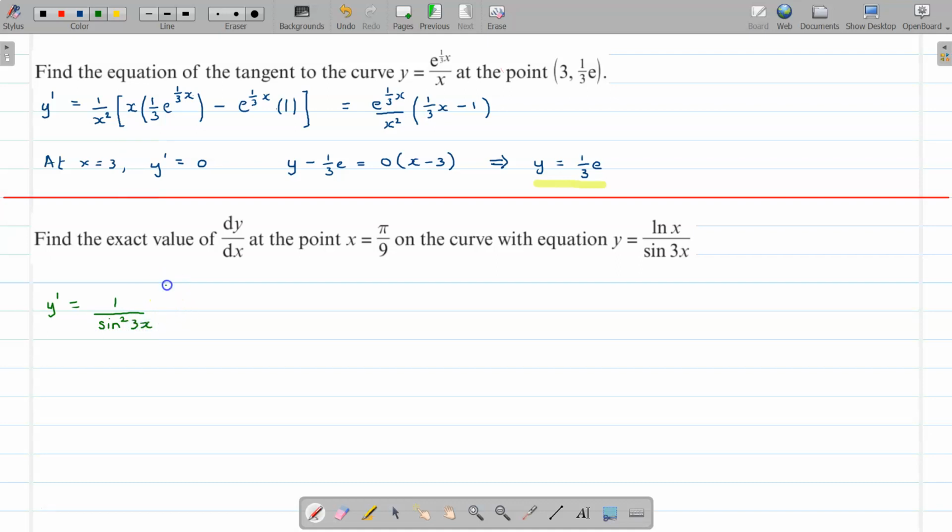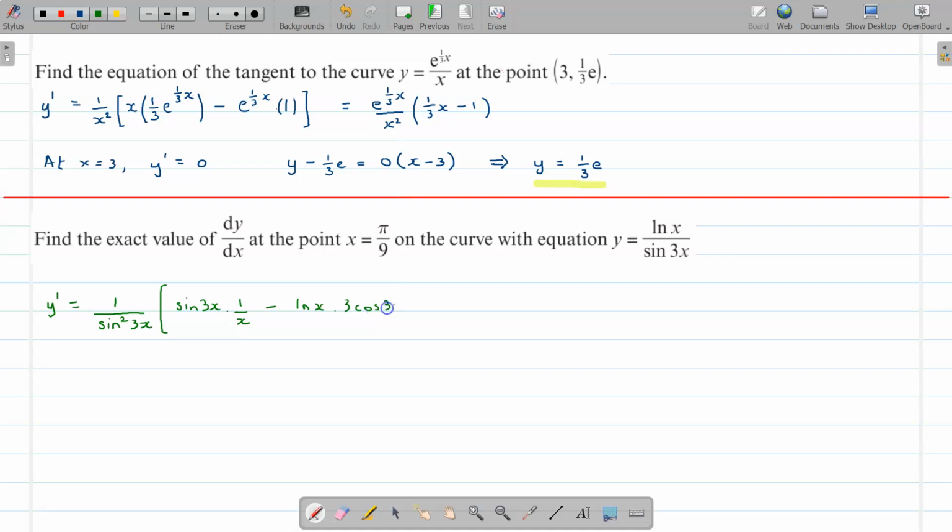Okay. And that has to be multiplied by sine 3x, times the derivative of log x, which is 1 over x, and from that I've got to subtract, leave the log x alone, and this time differentiate the sine 3x to give me 3 cos 3x.